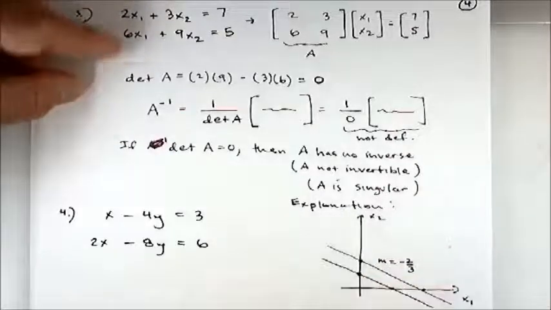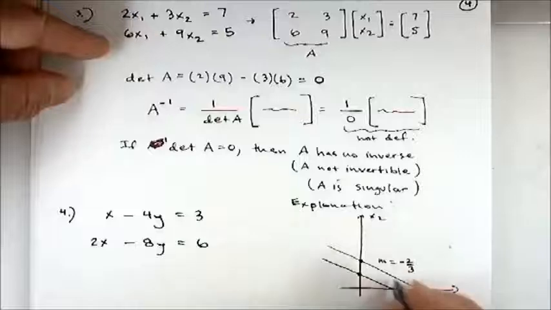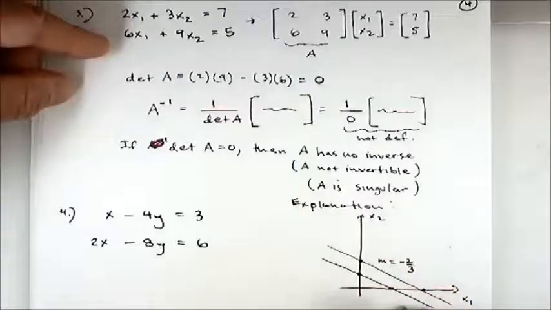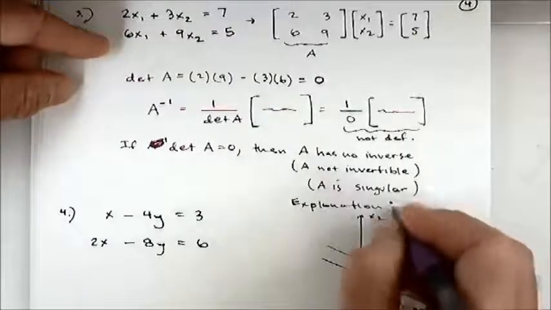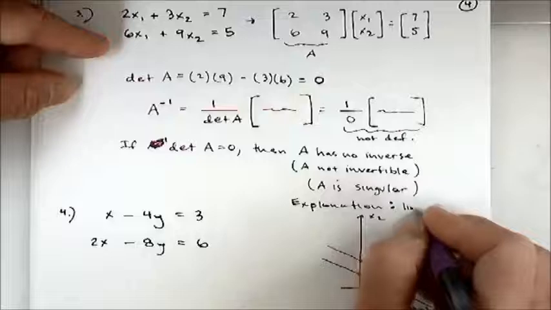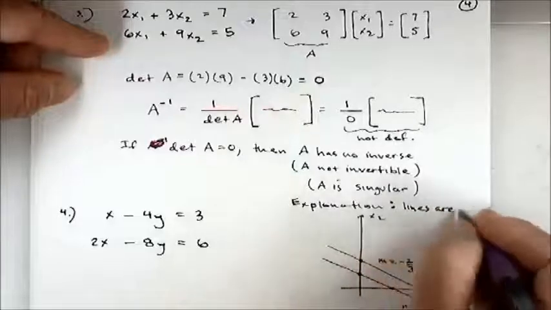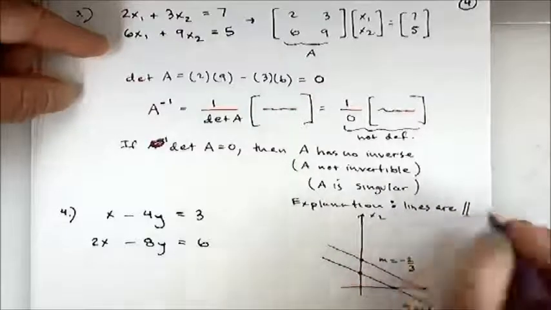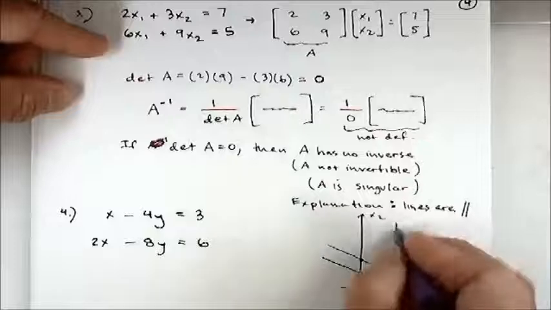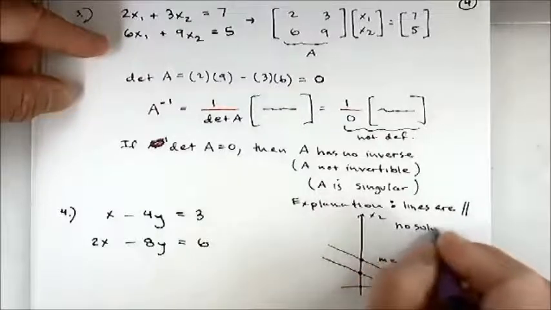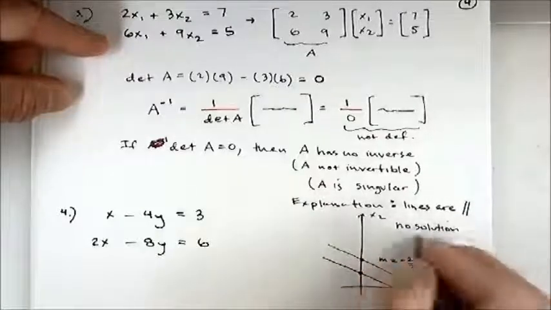And if you do the same thing for the second line right here, you're going to also get the same slope. The slope of this line is also negative 2/3, but they don't go through the same points. So the explanation in this case is the lines are parallel, which means there is no solution to this problem, right?